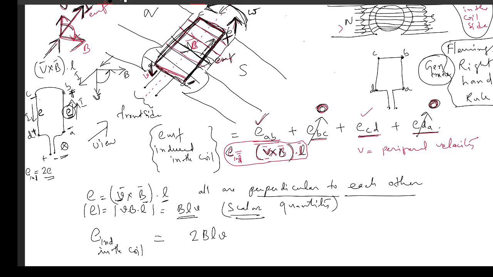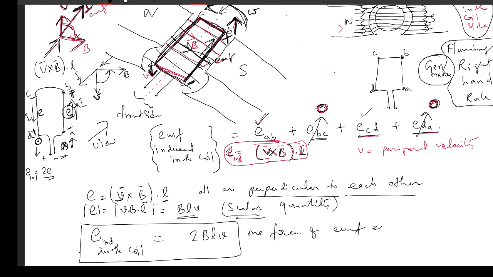The current direction in this coil side is given by a dot, because it is coming out of the page, and here it is going into the page, so it is given by a cross here and a dot here. So this is one form of EMF equation.